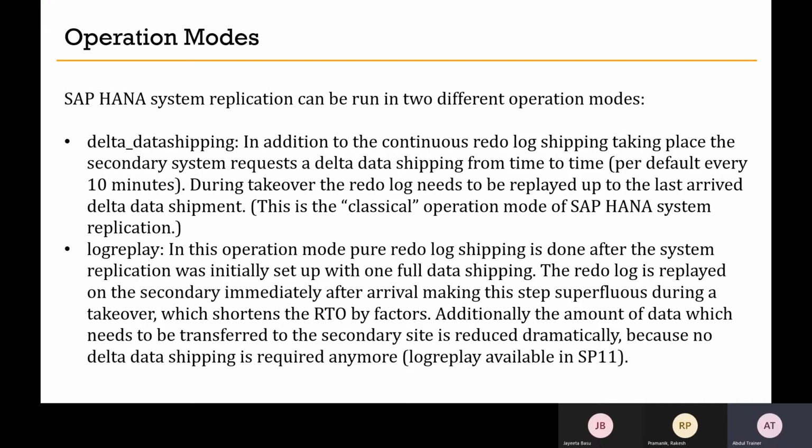If the primary or secondary crashes, for example, and the delta data is not received by the secondary, then there is a 10 minutes data loss. So delta data shipping guarantees at most 10 minutes of data loss. That is the classical one.